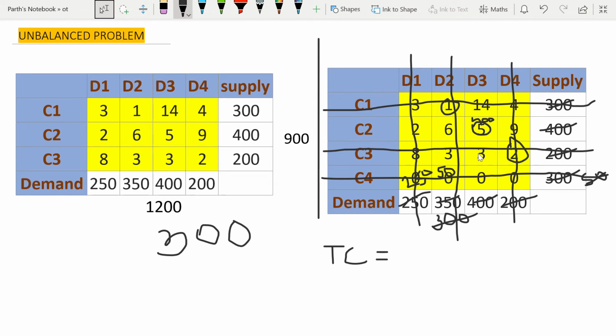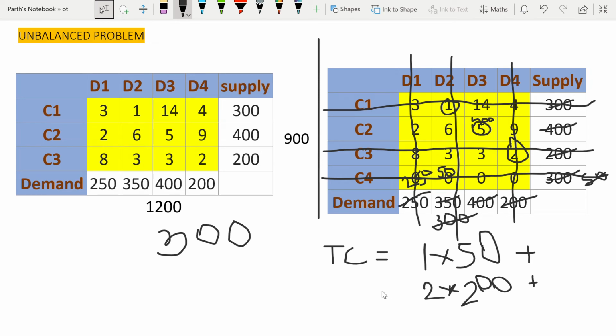So here 5 into 400, this 1 into 50, then plus 2 into 200, this 2 into 200, plus this 5 into 400.